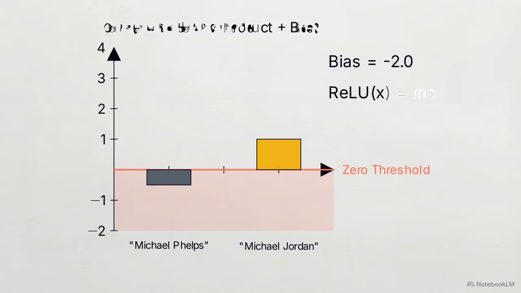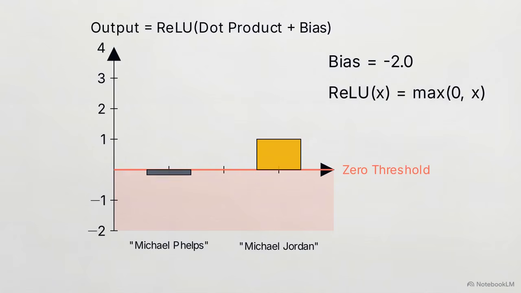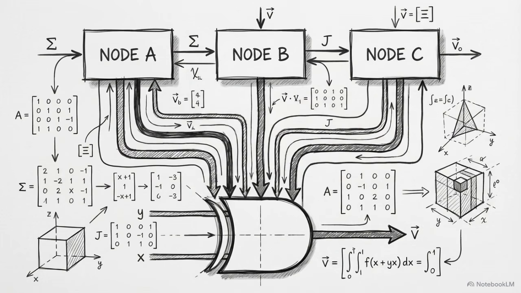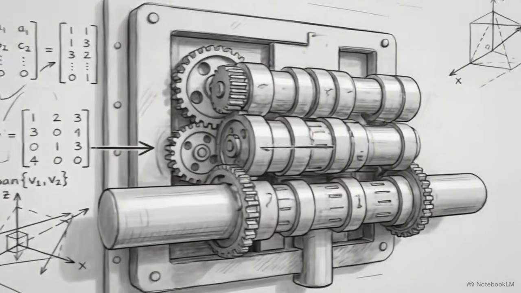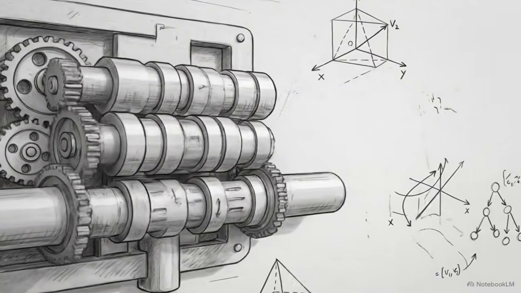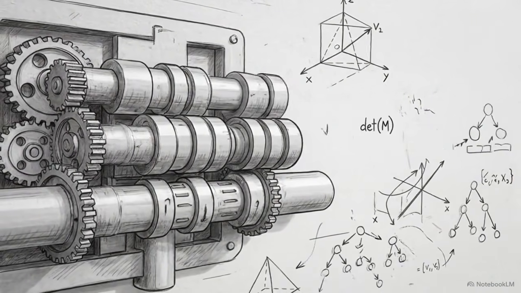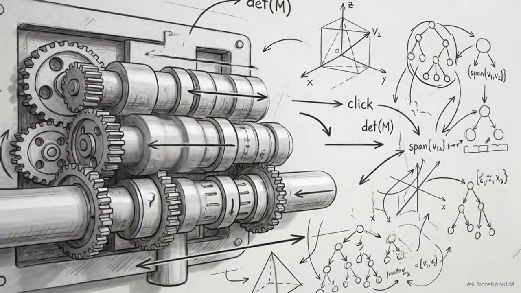The resulting value then passes through a ReLU function, which simply clips all negative values down to 0. Combining the dot product, the negative bias, and the ReLU function creates a high-dimensional AND gate. This ensures that an artificial neuron only fires, remaining positive, if the exact, precise combination of features is fully present.